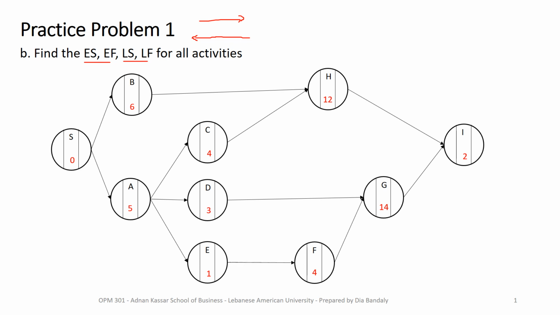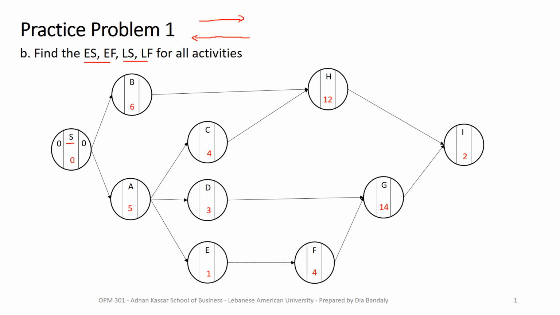Okay. So now we start by setting the early start of the starting node, whether it's virtual or not. So this is our starting node. I will set its ES to be equal to 0, then the EF is equal to ES plus the duration, so that's 0.